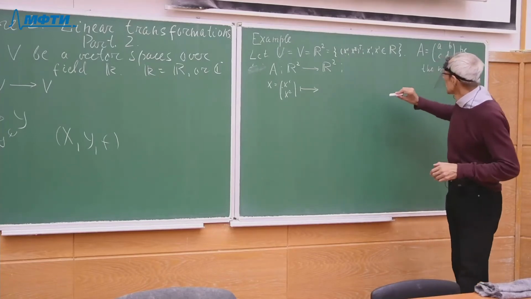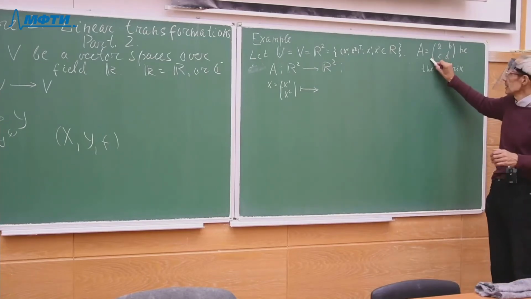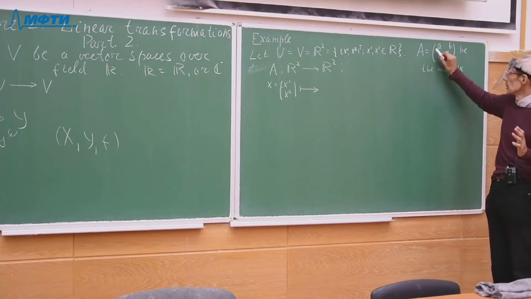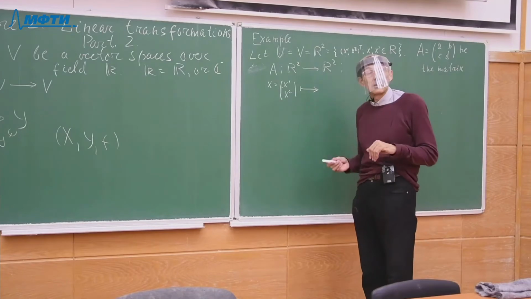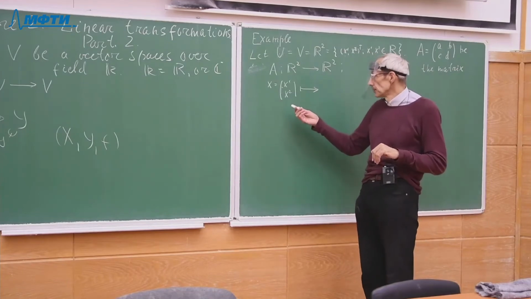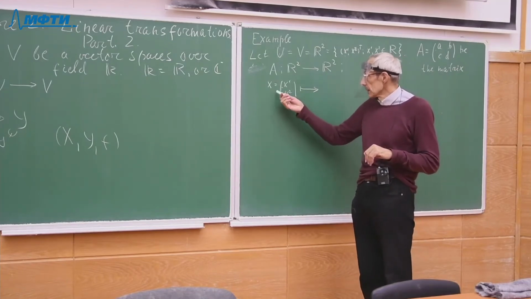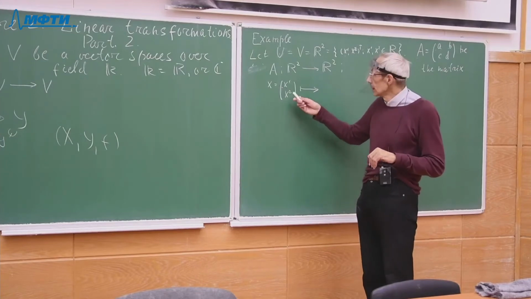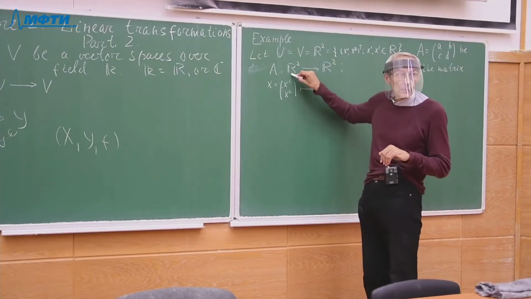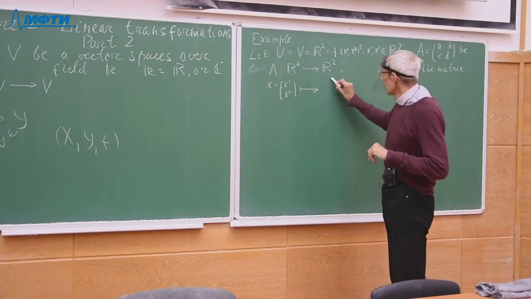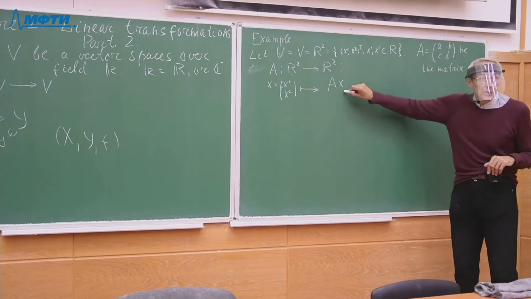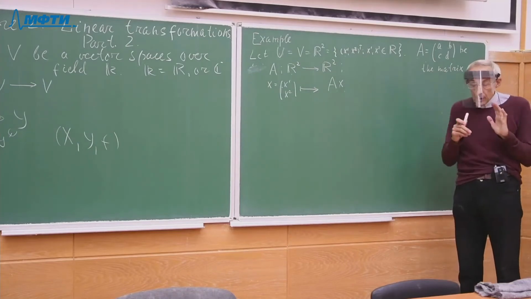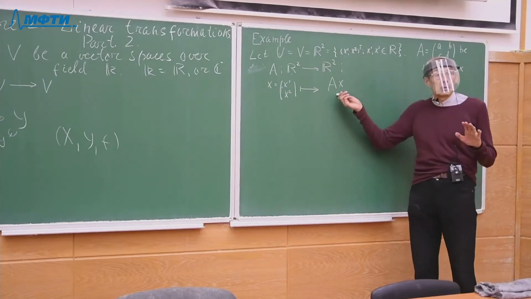And let capital A be some matrix of size 2 times 2, with elements a, b, c, and d. And we can define the following mapping, which maps the element x of this vector space R2 into the product of this matrix on this vector, the ordinary row-column product.